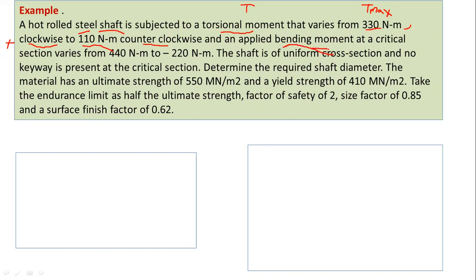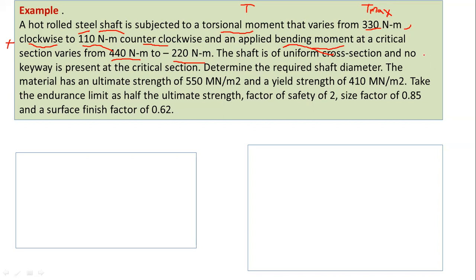Bending moment at a critical section varies from 440 Newton meter to minus 220 Newton meter. Plus 440 is the maximum bending moment, minus 220 is the minimum bending moment.